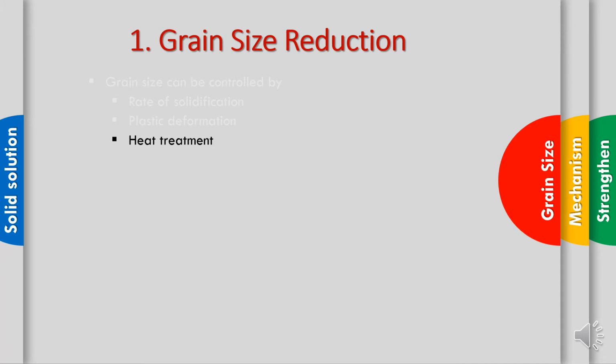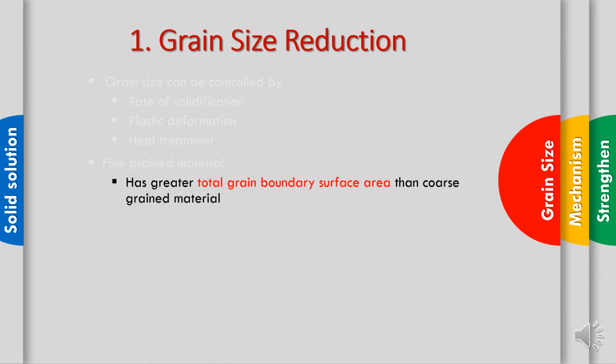In the next subchapter, we will look at heat treatment, which consists of several techniques. Fine grain materials have greater total grain boundary surface area than coarse grain materials. So compared to the big or coarse grains, the fine grains actually have greater total grain boundary surface area.